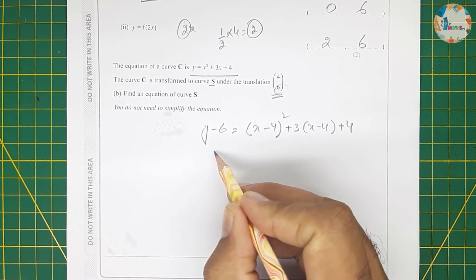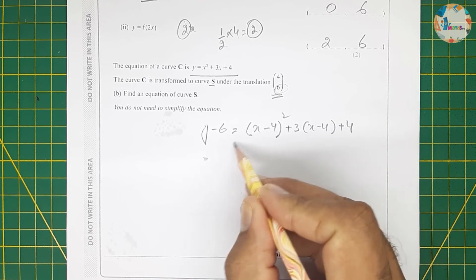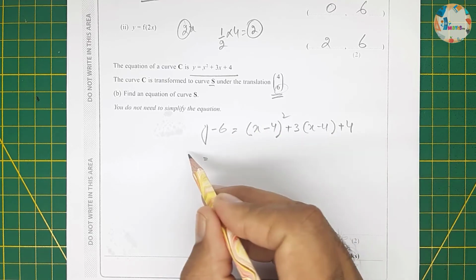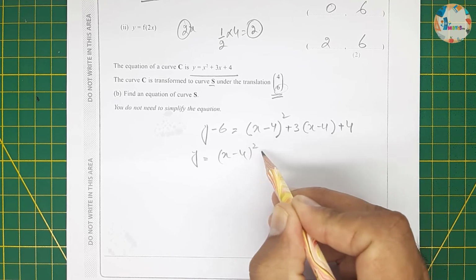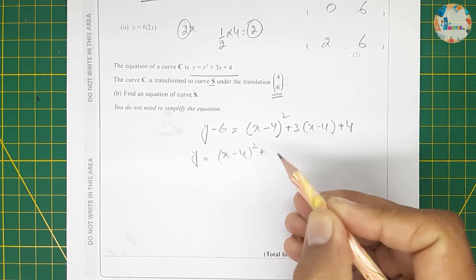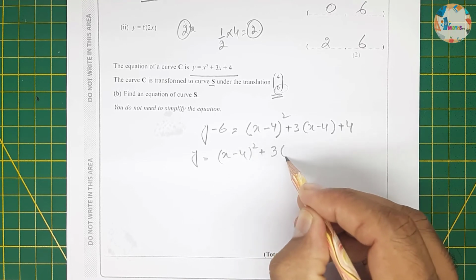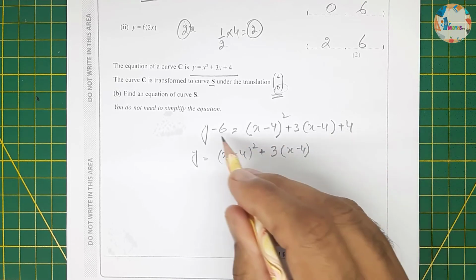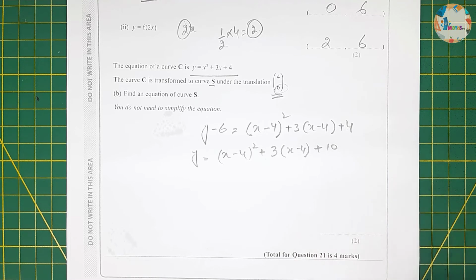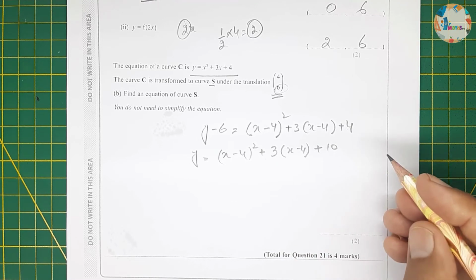And what we can do next, no need to simplify, we just have to shift this 6 to this side. So x minus 4 squared plus 3 into x minus 4, and this will be 4 plus 6, which is 10. So this will be our final equation.